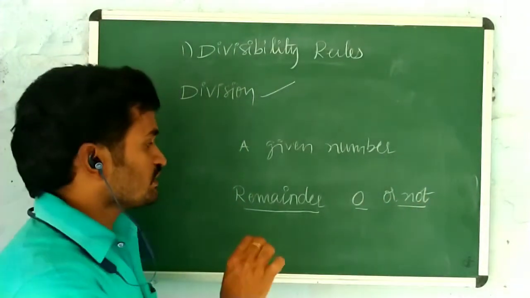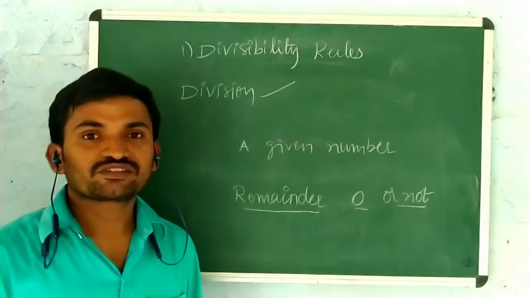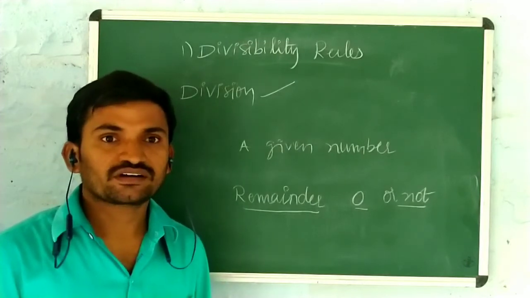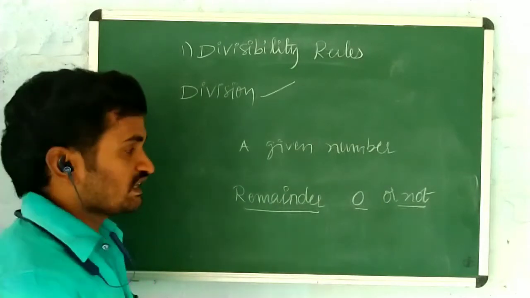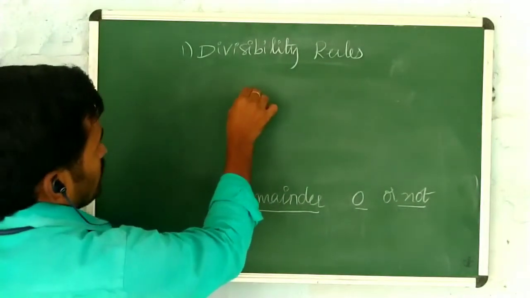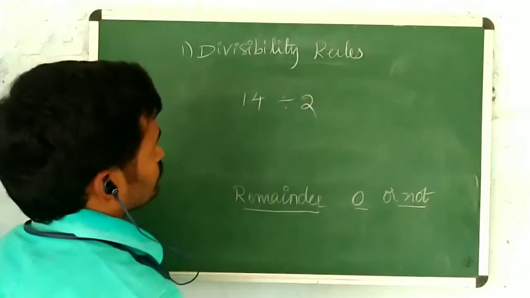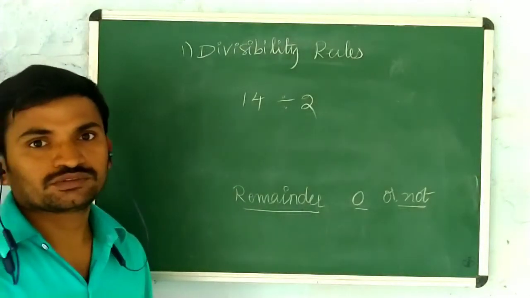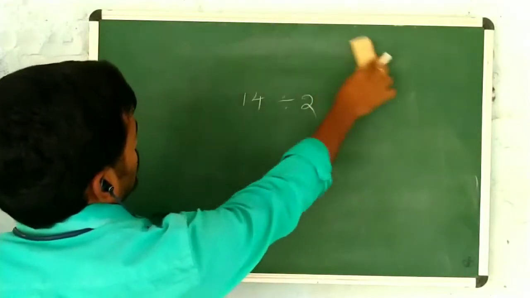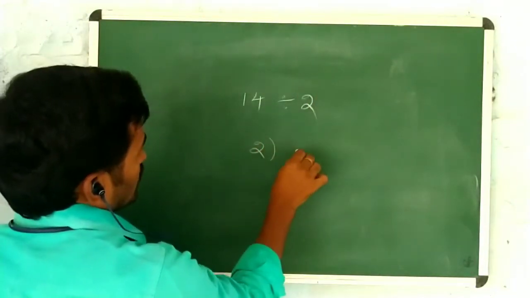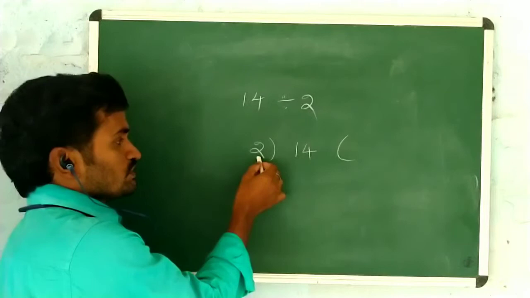If the remainder is 0, then we can say the given number is divisible by another number exactly. For example, take 14 divided by 2. How to divide this? Here 14 is the dividend and 2 is the divisor.